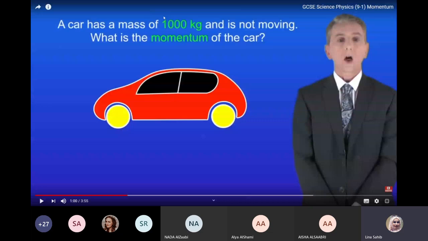How much is the velocity if the car is not moving? Zero. So from the formula of the momentum, you have to multiply the mass by the velocity. So 1000 multiply 0, I will have 0 momentum. Yes, thank you.